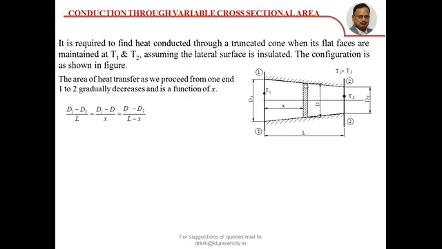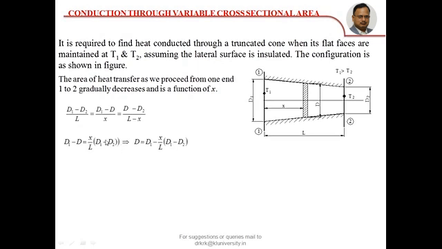Of course, it is also equal to d minus d2 by this distance L minus x. Now from the first two terms, you can write d1 minus d equal to, taking this x to the other side, x by L into d1 minus d2.